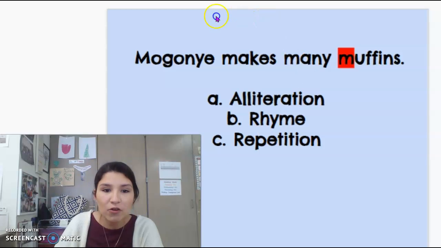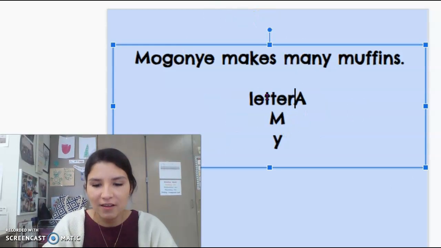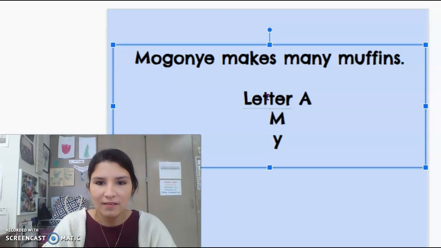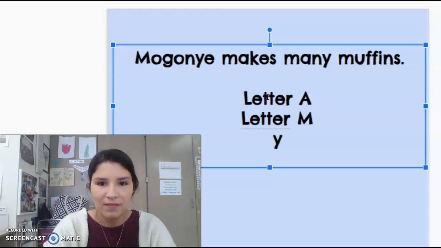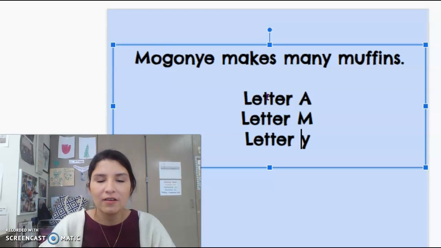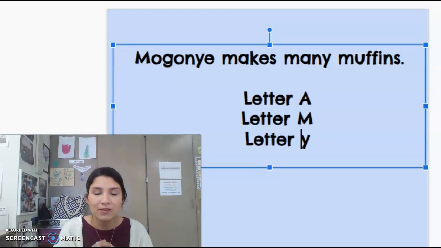Let's go ahead and look at another question about alliteration. All right, so we have letter A, letter M, and letter Y. What letter can you tell that we're focusing on in this alliteration sentence? Look at the beginning of each word. What does it start with?